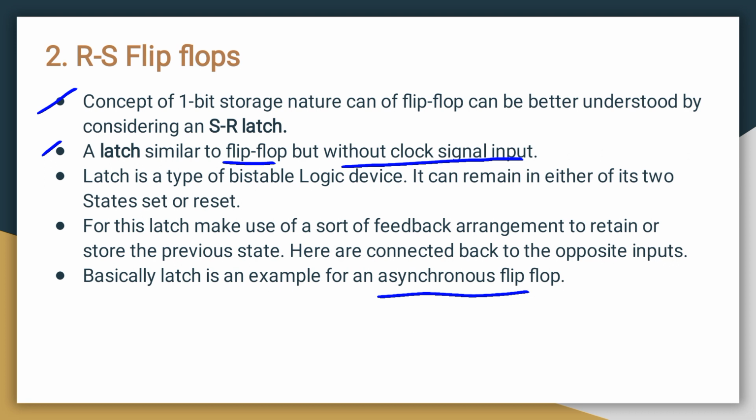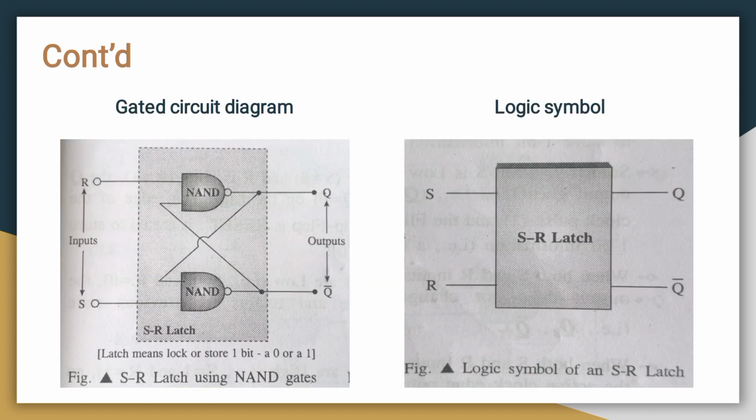Next, the latch is a type of bistable device. Again, it is a bistable one, that is it consists of set or reset. The latch makes use of a sort of feedback arrangement to retain or store the previous state. Here the connectivity goes back to the opposite inputs. So let's see what the RS flip-flop is. This is the RS flip-flop where we will use the SR latch.